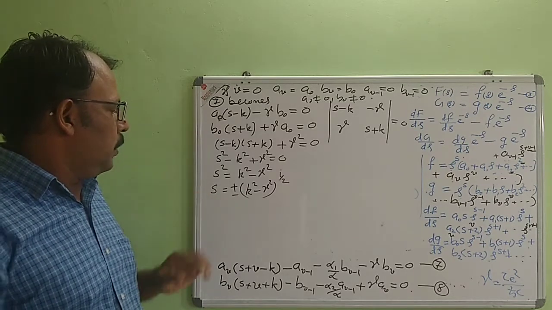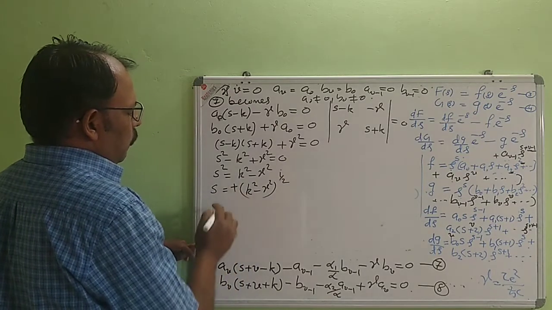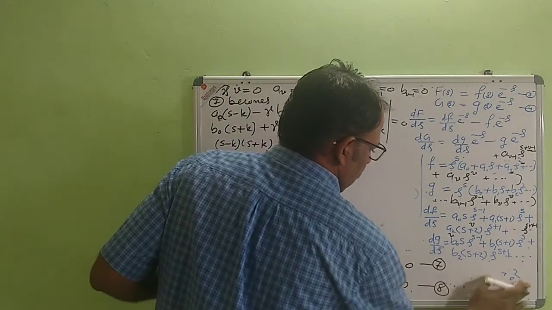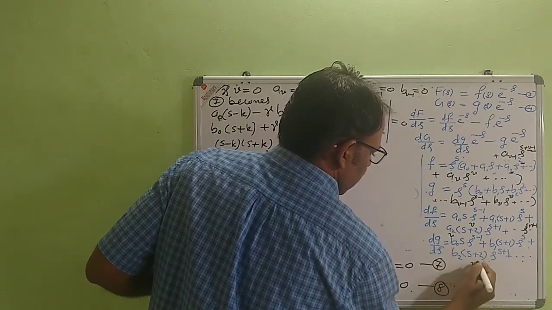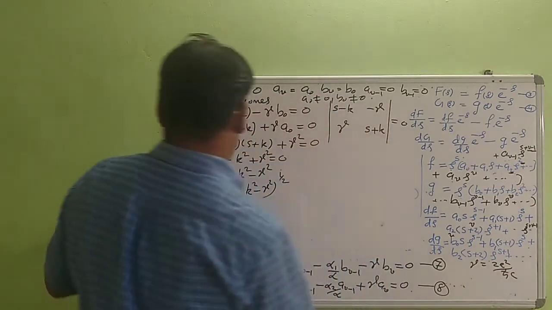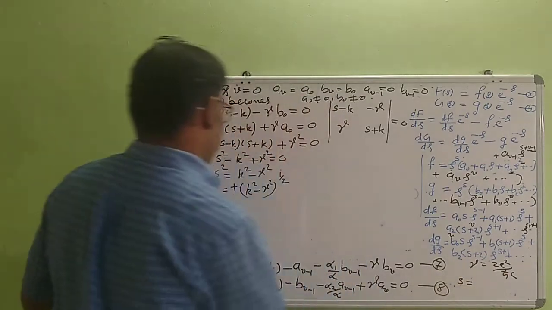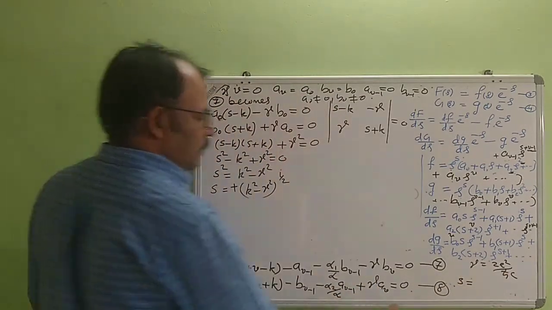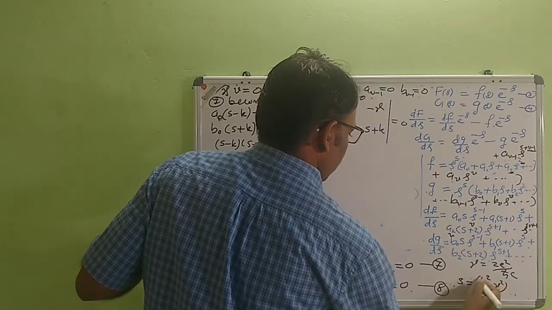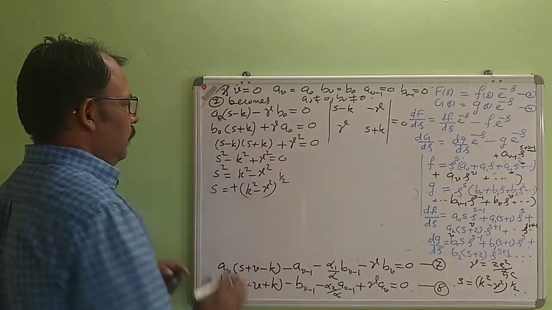So S should be positive for satisfying the boundary condition, so we will take the positive value for S. Gamma I am writing here, gamma equal to Z E square by H bar C, and we got the value of S, which we further require in these equations. S is equal to K square minus gamma square the whole raised to 1 by 2. So this is the value of S.